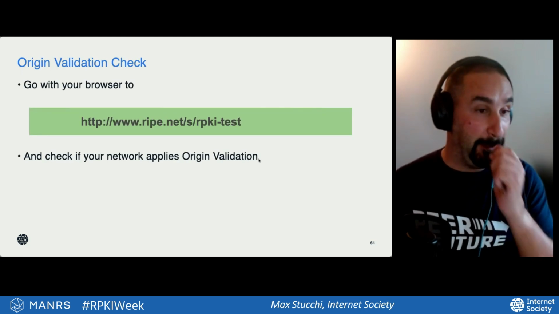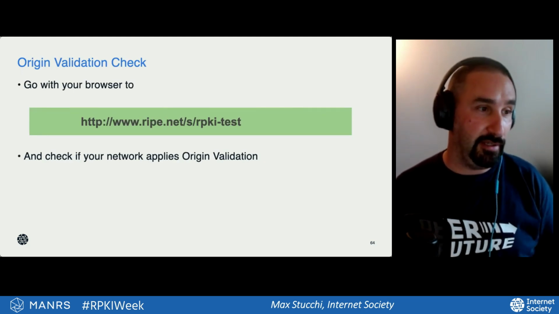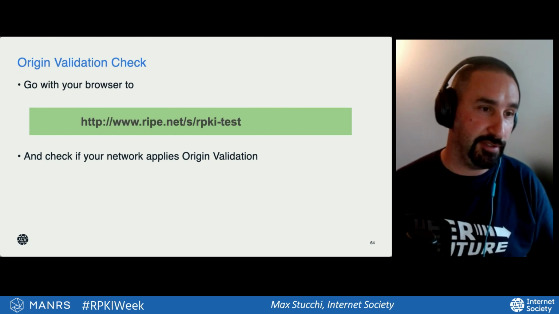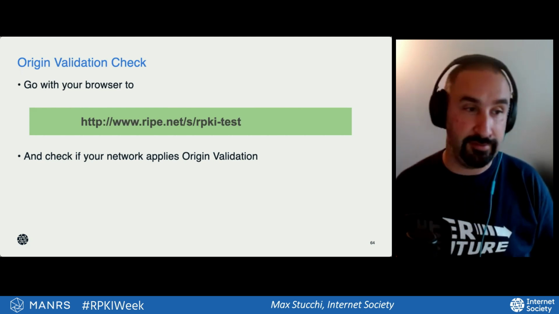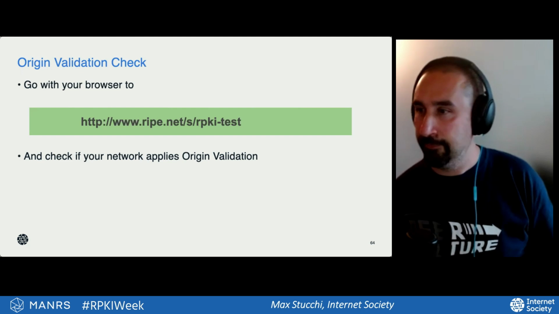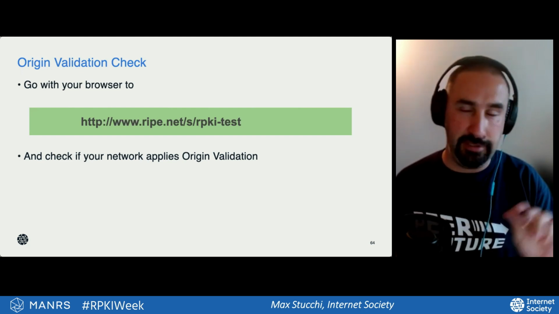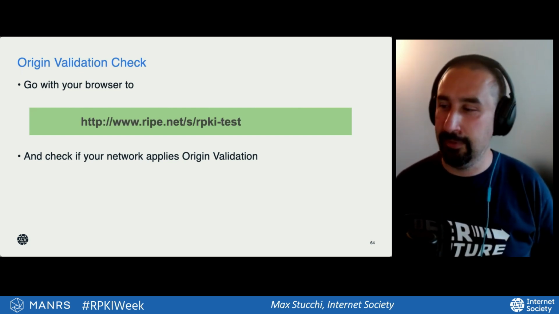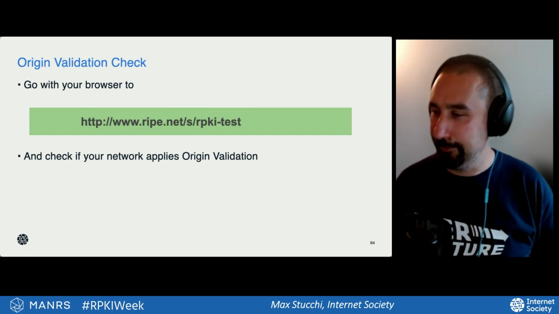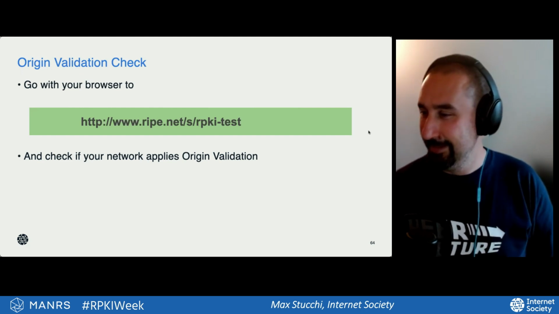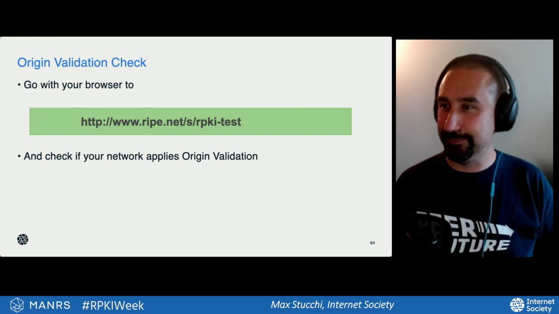Now you can go to a website. If you go with your browser to this URL, you can check if the network you're on applies origin validation. Now, a question for you: how do you think this works? Because I always like to test if people were following. Okay.